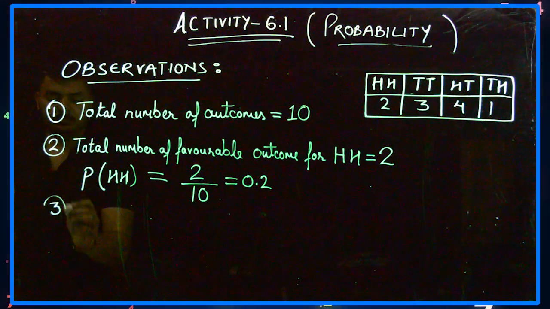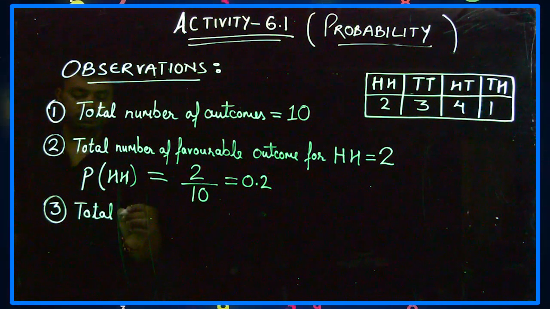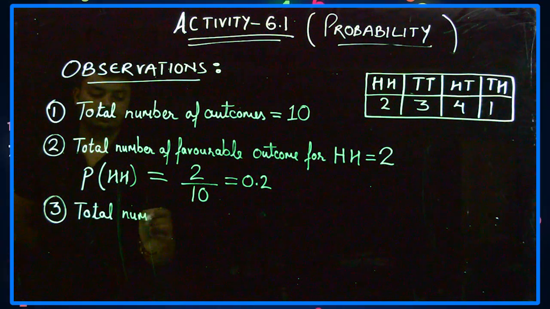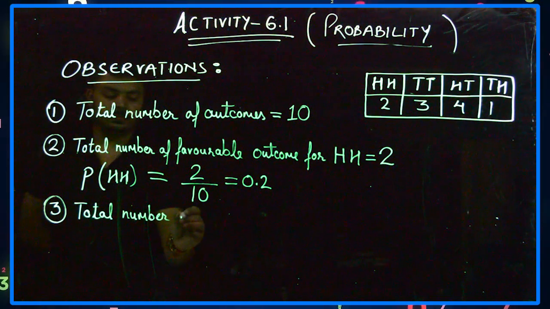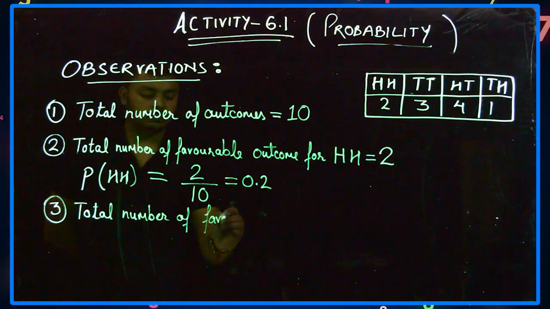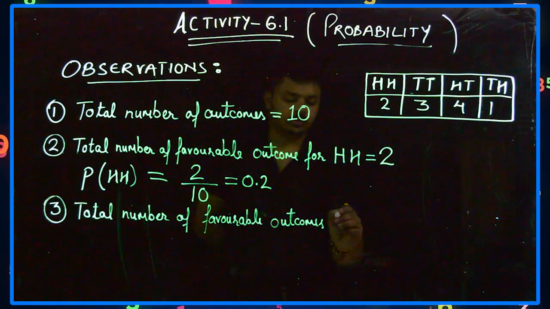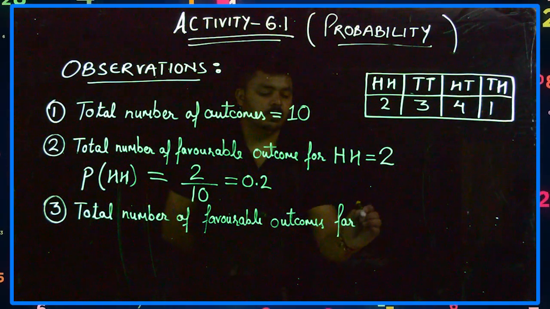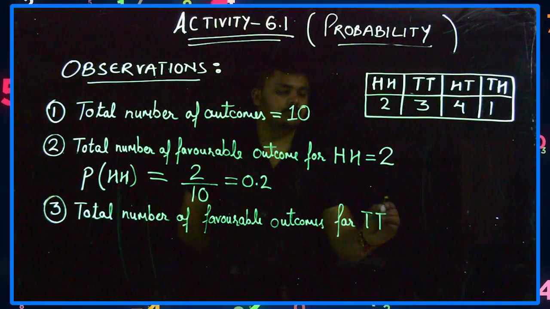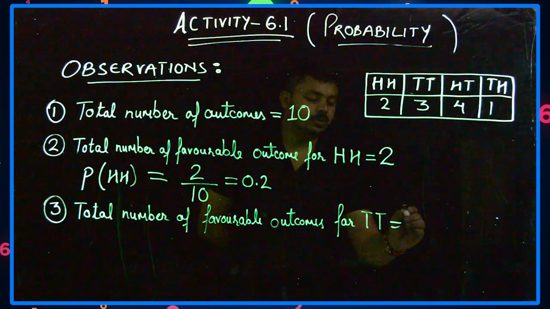Third, total number of favorable outcomes for tail on both the coins, that is TT, is equal to 3.